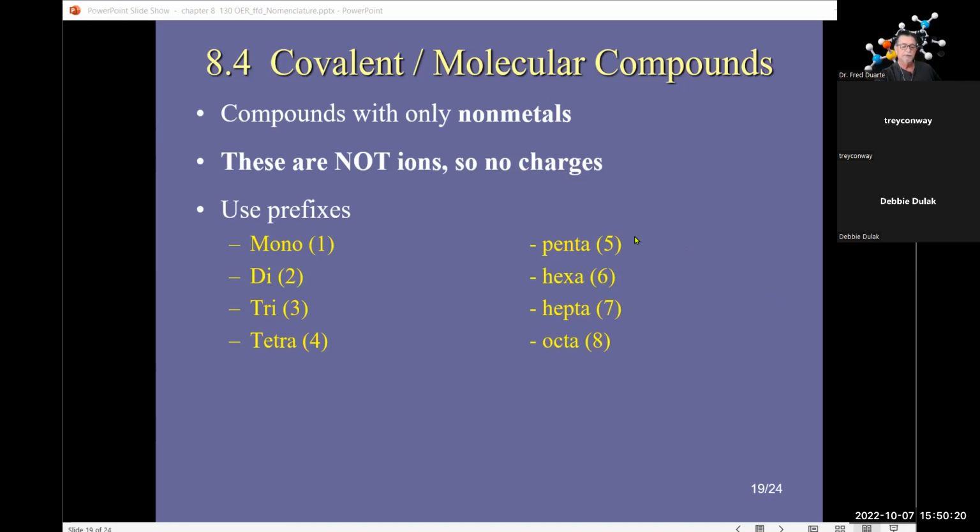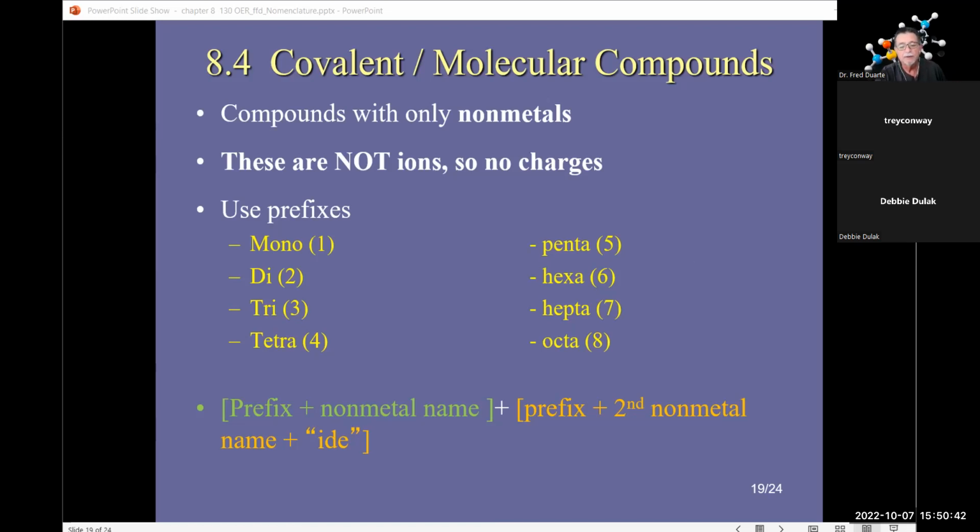So the general format is this. The green here, you got the prefix, if it's there, plus the nonmetal name, followed by the prefix and then the second nonmetal name, but we add the "ide."